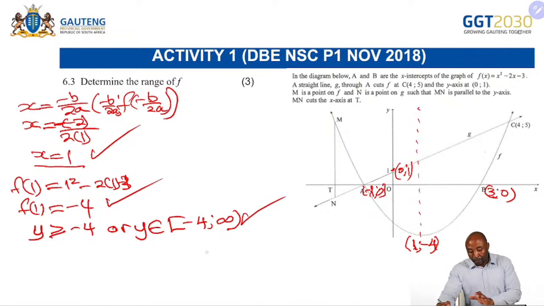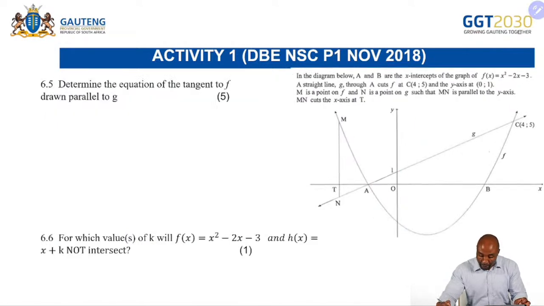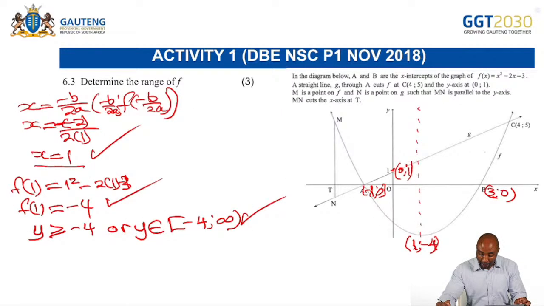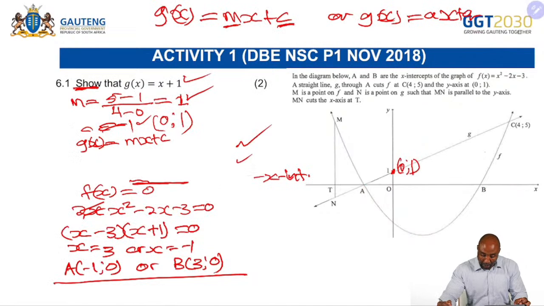Now, put this information on your diagram. It will also help you to answer the following questions. We move on now to 6.4. I will take you back a little bit so that you are able to answer the other questions. Let's quickly go back.